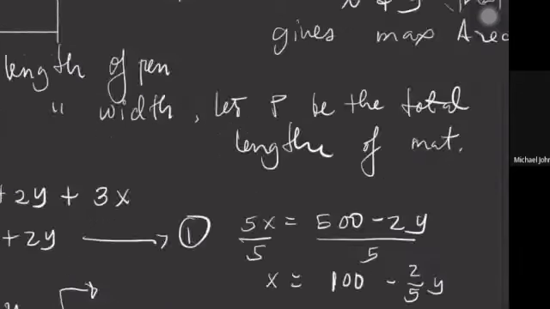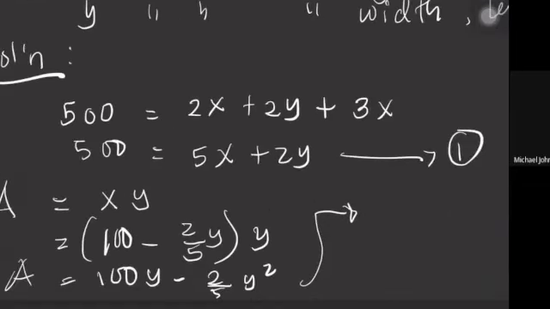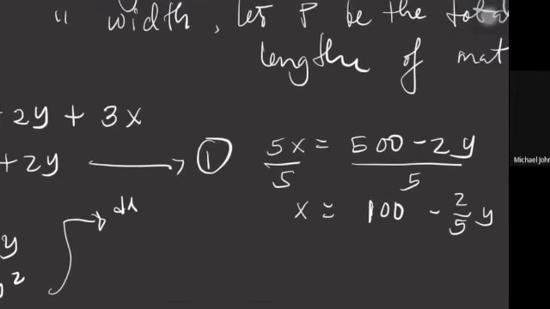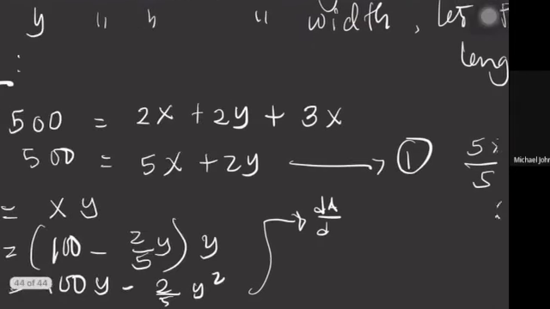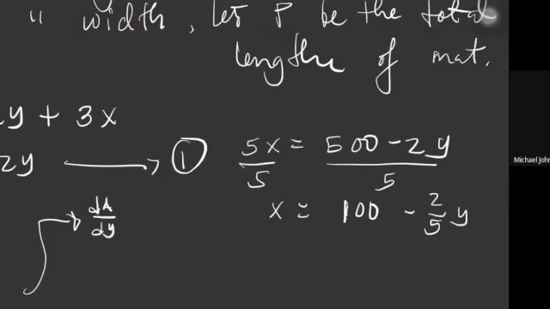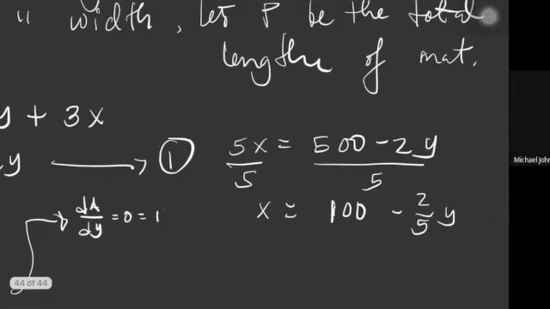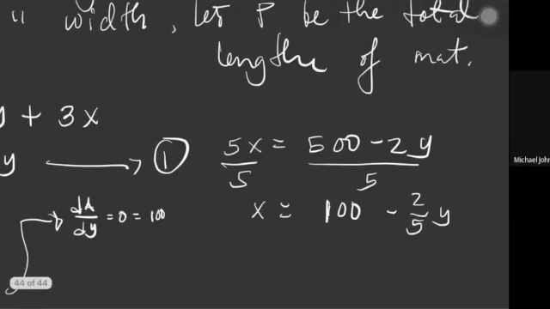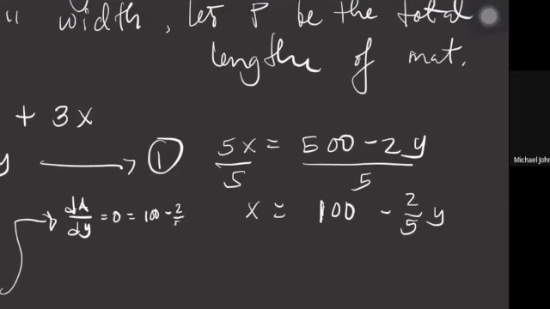And from here, now start deriving. You could write dA, because we represented area in terms of y, you can write the derivative of area with respect to y equals 0 because we're maximizing it. And what is the derivative of 100y? It's 100. The derivative of 2/5 y squared is 2 over 5 times 2y. So this gives us 100 minus 4 over 5 y.